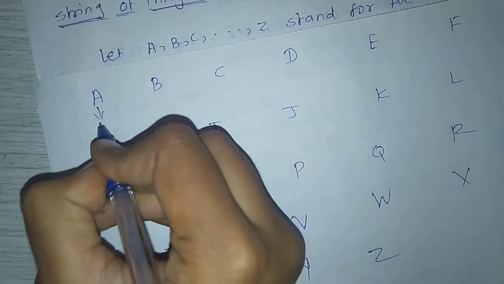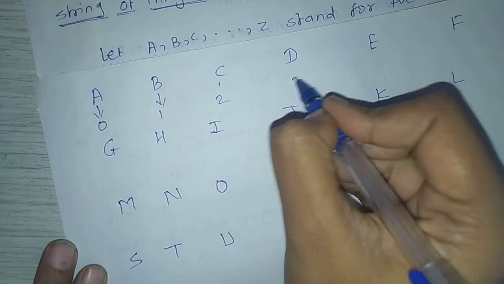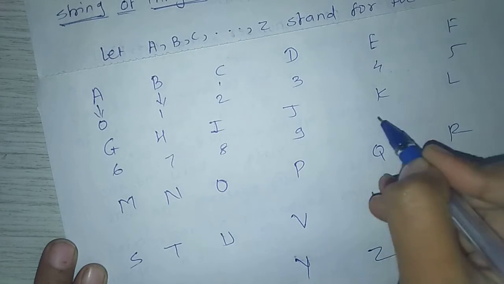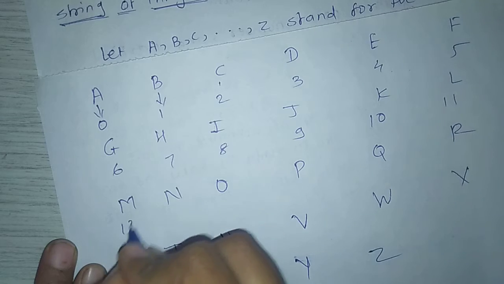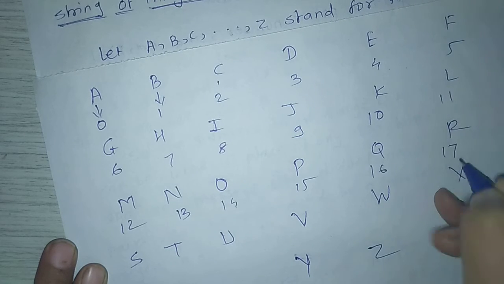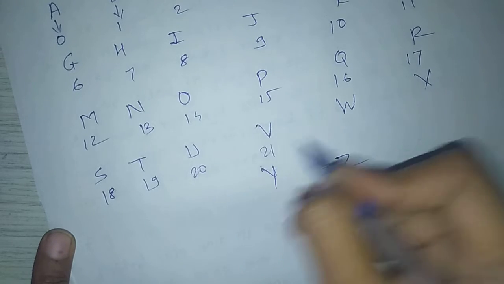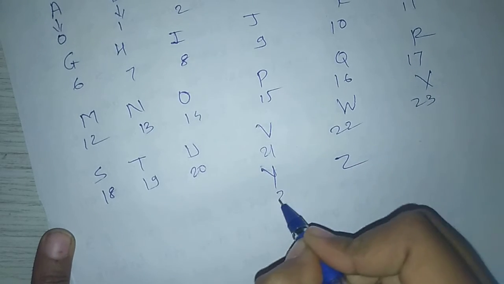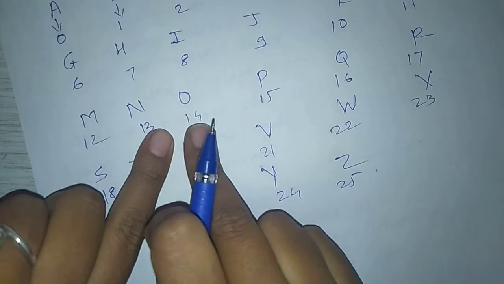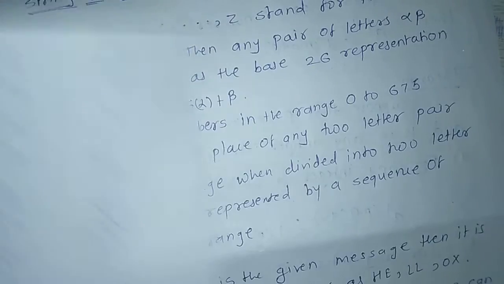Now a stands for 0, b stands for 1, similarly 2, 3, 4, and so on up to 25. Means O stands for 14, K stands for 10 and so on.